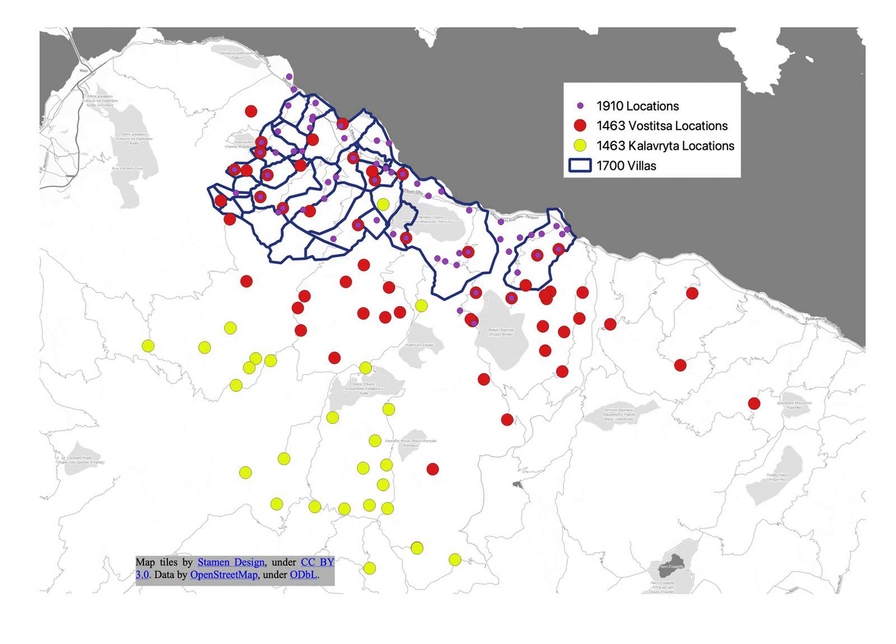We can't go the other way. We can't then put the point locations from the Ottoman Defter into the villas of the Venetian records from 1700 because they do not have the same boundaries. And this all goes back to the Ottoman system for taxation. It's based on a timar system.